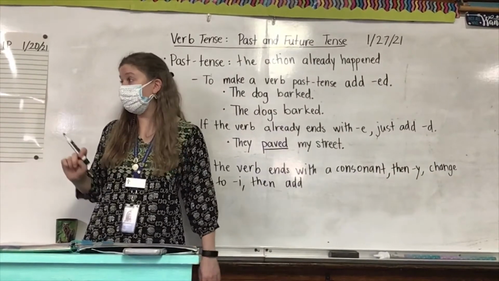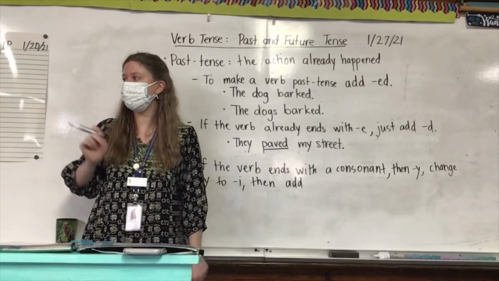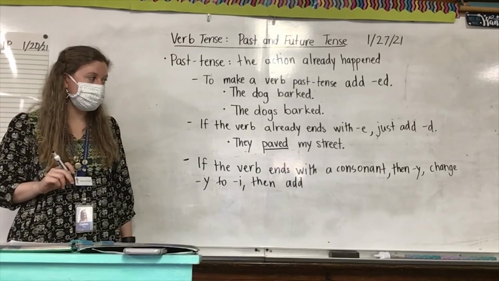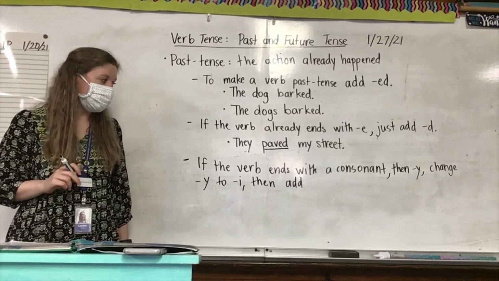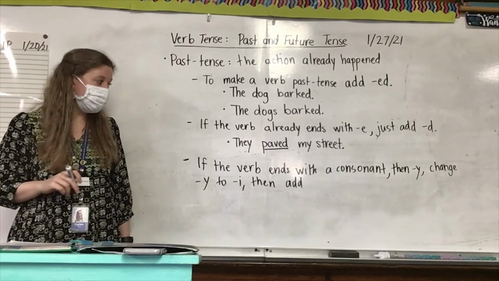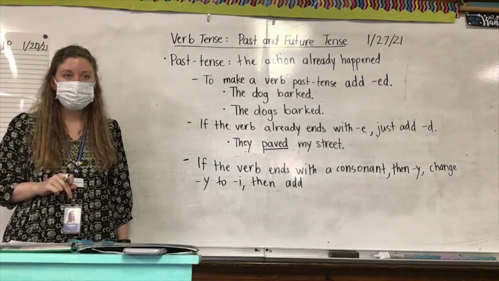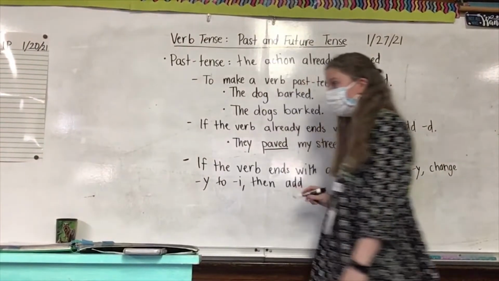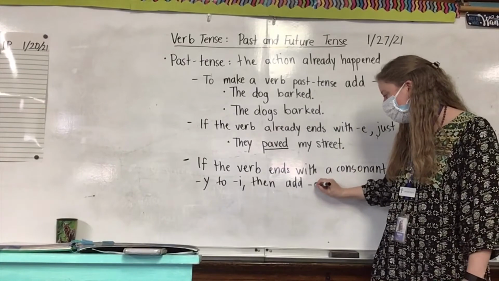But we're not trying to make nouns plural, we're trying to make verbs past tense. So if the verb ends with a consonant, then a Y, change the Y to an I, then add, Cullen? ED. Not ES, but ED.